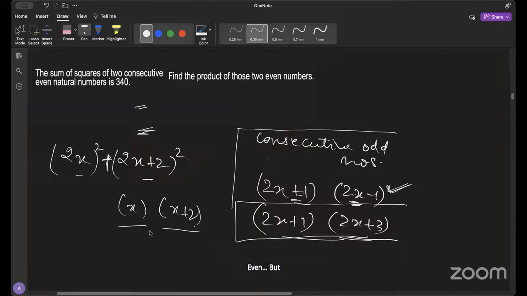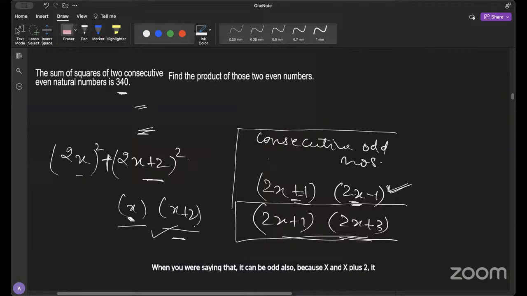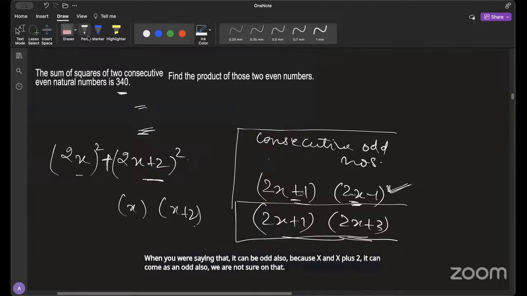But ma'am, for odd numbers, the sum of the squares won't come to 340 in the equation, I guess. It's on this question. That's why I'm saying you can use this too. The solution that you'll get from here, you'll also get from here. So you don't have to worry about that. But when you said that it can be odd also, because x and x plus 2 can come as odd also, we are not sure of that. But the questions can be different, right?